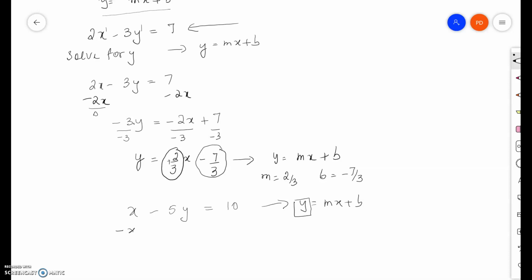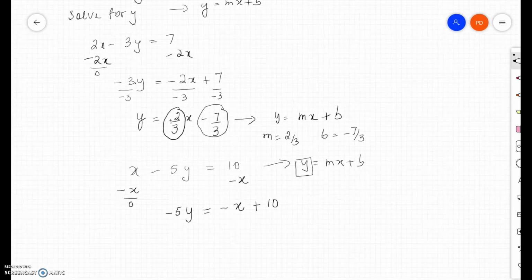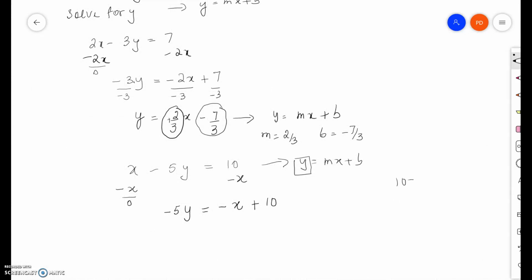So we do not need the x on the left side, so we subtract x from both sides to get negative 5y equals, and I'm going to write the x term first, and since that's a positive 10, the 10 is added to x. So remember that 10 minus x is the same as negative x plus 10.